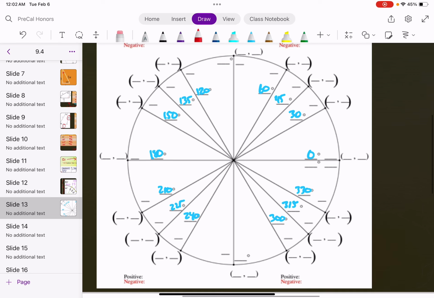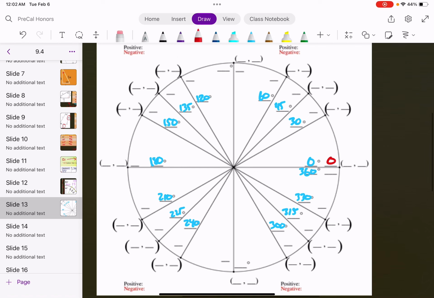Now figuring out the range, the radians would be based off of the position of our terminal line. So we're going to go ahead, we're going to start off with our 0. So our 0 is going to be 0. Actually, let's fill in our 360, because I almost forgot about that. And that's going to be 2 pi.